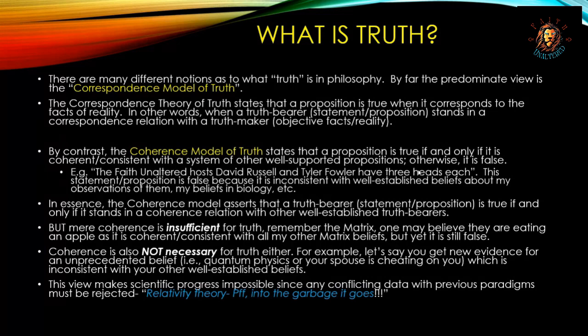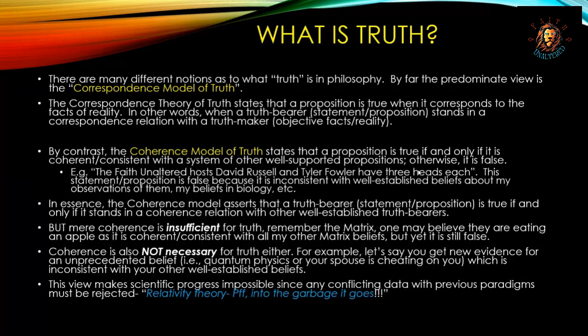But it gets even worse for the coherence model of truth. Not only is it insufficient, the coherence theory is not even necessary for truth. In order for a proposition to be true, it doesn't even need to be consistent with our other well-established beliefs. So, think about this. Modern science would be impossible if the coherence model of truth were true. Let's say we gain new evidence, and it's a totally unprecedented belief.